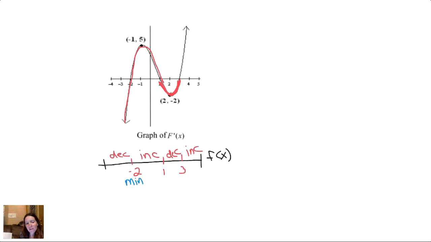For a defense, if you were writing this out, okay, because remember that number line isn't good enough for writing it out, you would probably write something like f prime of x equals 0 and is changing from negative to positive.